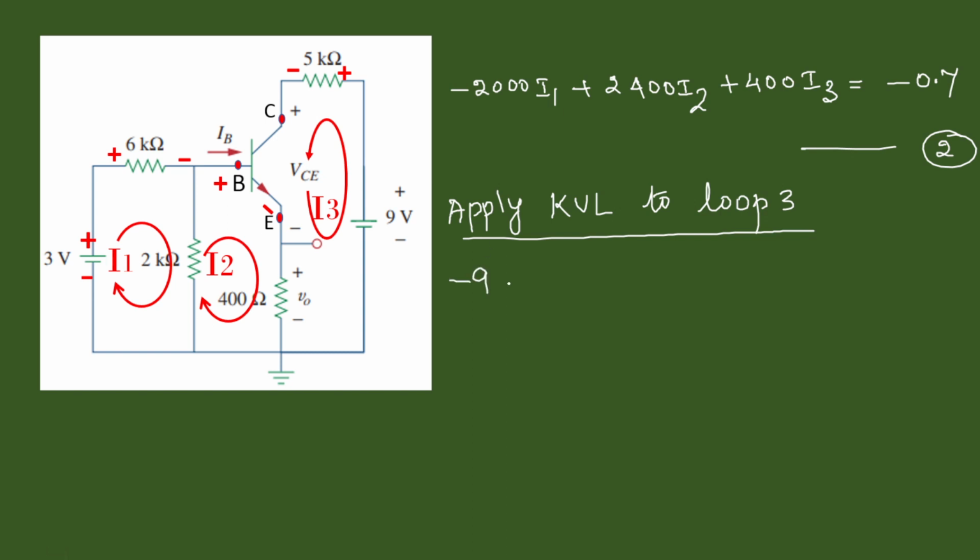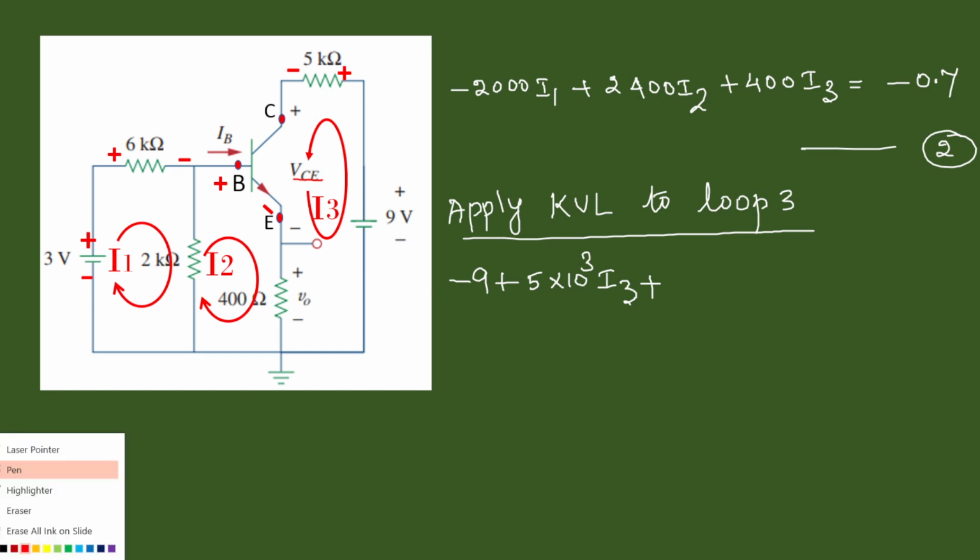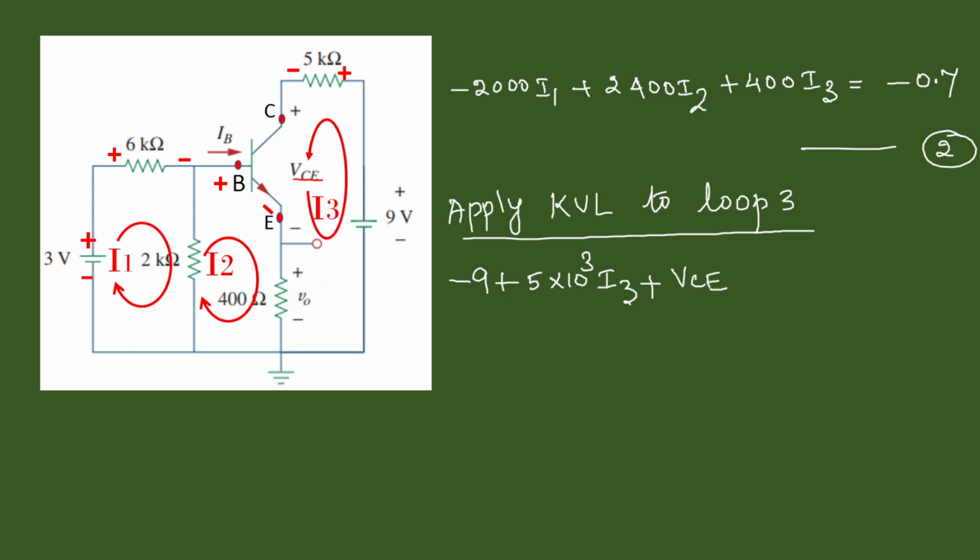It is minus 9 volt plus 5 into 10 power 3 I3 is flowing, plus between this collector to emitter, this VCE is available, it is plus to minus, so we can write it like plus VCE. After that we come across this emitter resistance in which it is entering in this way only.